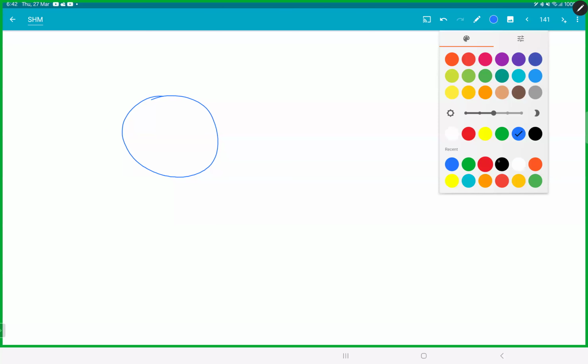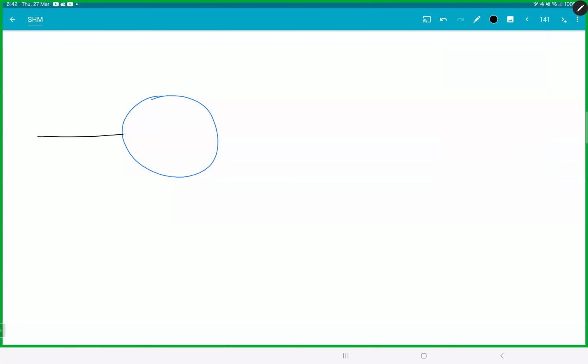So initially, this was the picture. This was P and this was Q. Now, when you displace this by theta, what did you do?